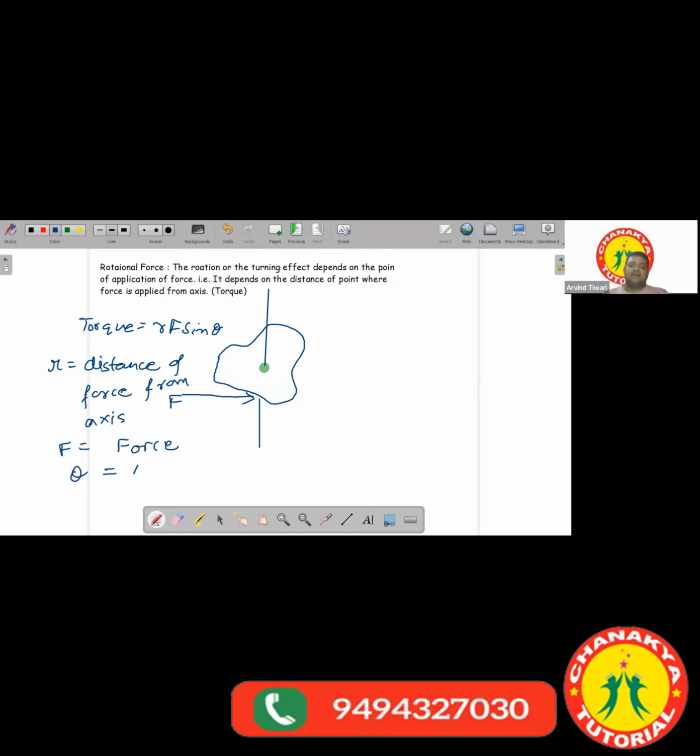Theta is the angle between the line of action of force and R, which is the distance from the axis.